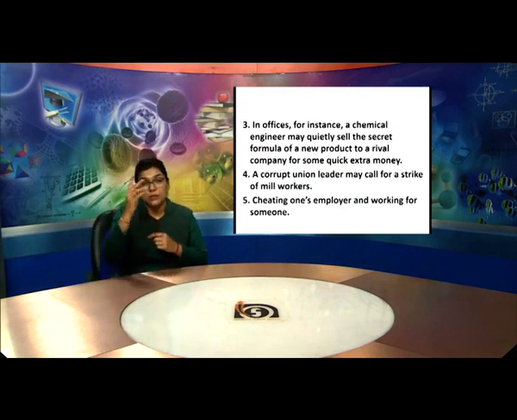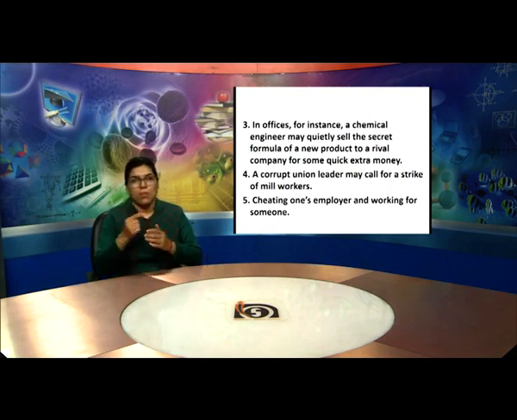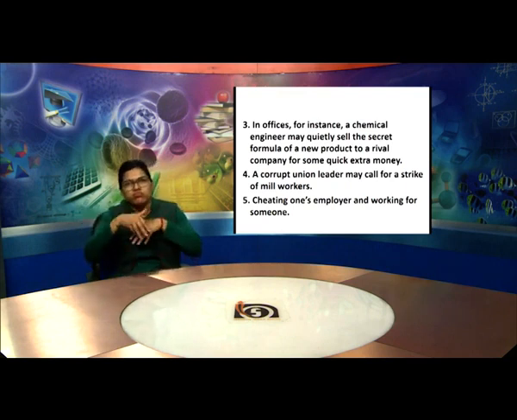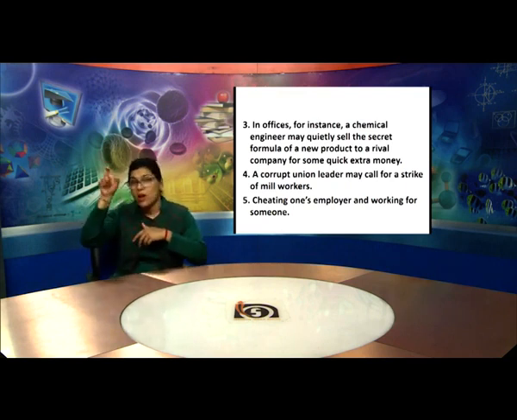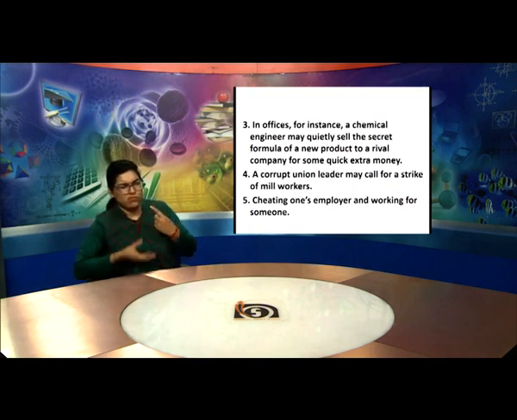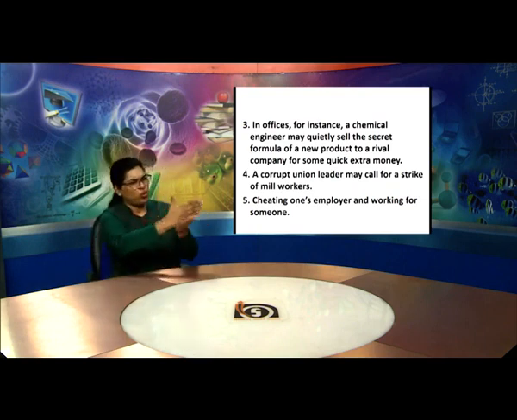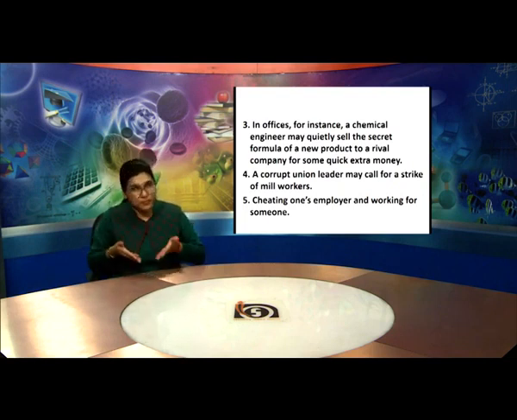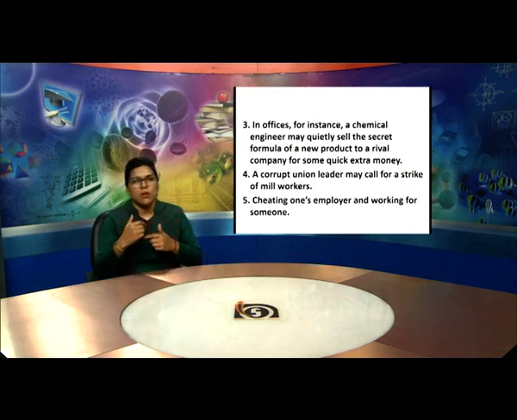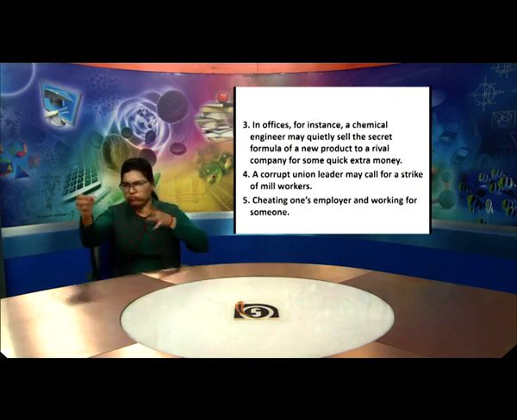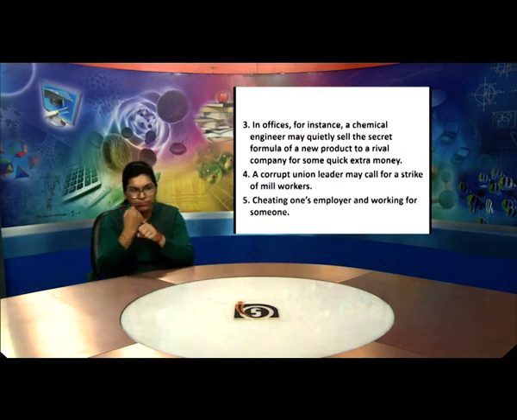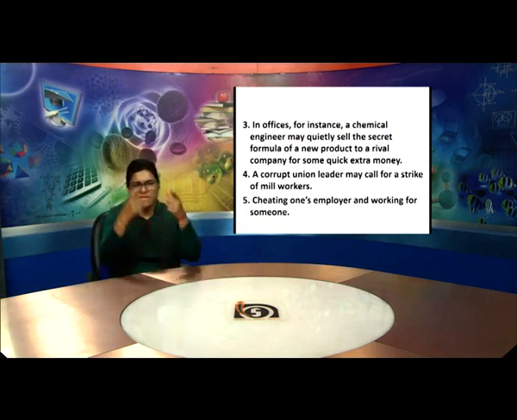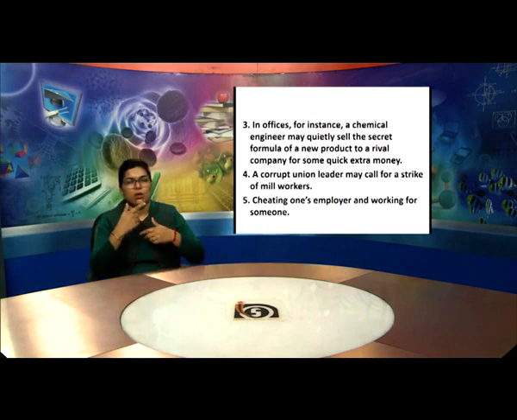Making extra money by doing something wrong is also not correct. Fourth point tells that a corrupt union leader may call for a strike of mill workers. Fifth point explains that cheating one's employer while working for someone is also not correct.